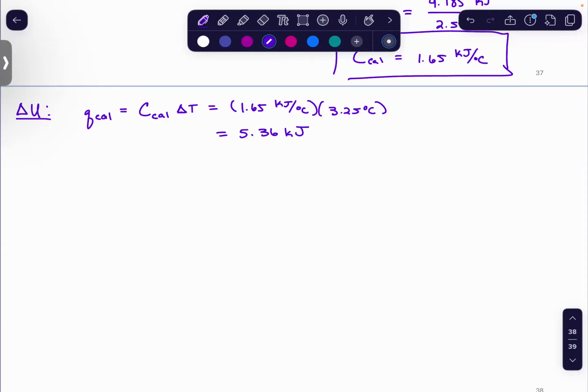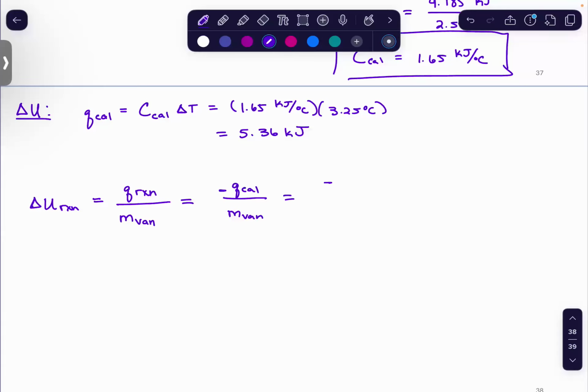Okay, so we know that our delta U of our reaction is going to be, if we're working towards kilojoules per gram, the Q of our reaction divided by the mass of the vanillin, or the negative Q of the calorimeter divided by the mass of the vanillin.